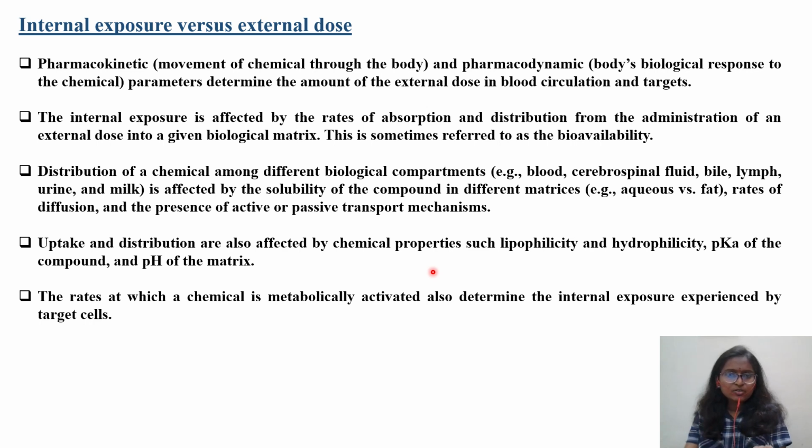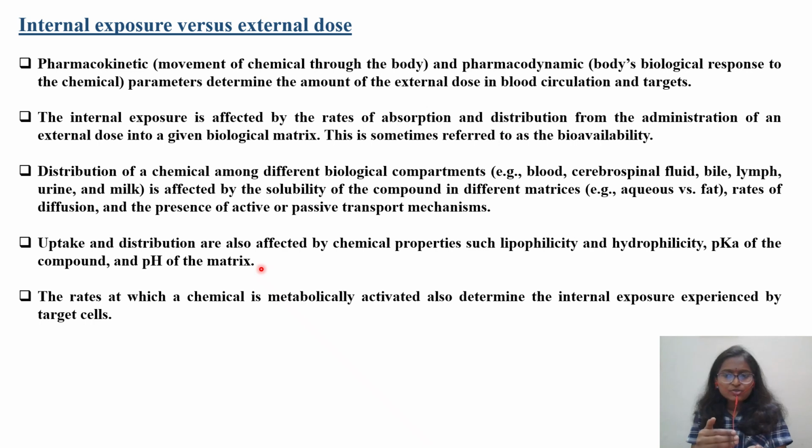Similarly, here also we need to understand chemical properties like lipophilicity, hydrophilicity, pKa of the compound, and pH of the matrix. See, the same chemical will have a different rate of absorption in the stomach because of the acidic nature of the gastric fluid. In the intestine it will be different. If it is the vaginal area, it will be different.